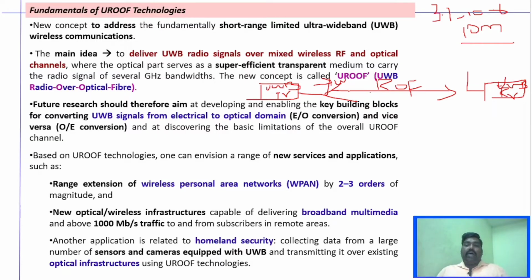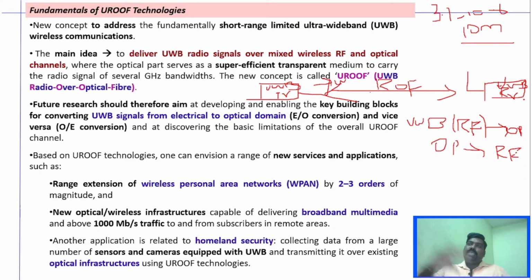The UWB signal is an RF signal, that is a radio signal, right? So at the transmitting side, it will be converted to the optical signal and transmitted in the optical fiber, and before it is received by the receiver, once again the optical signal is converted to RF, and then it is received by the UWB receiver as an RF signal.